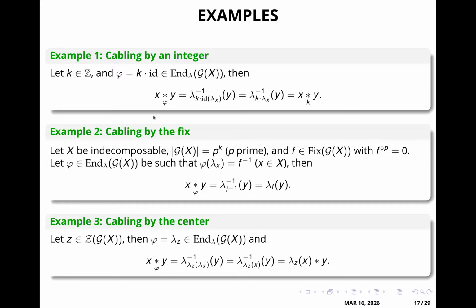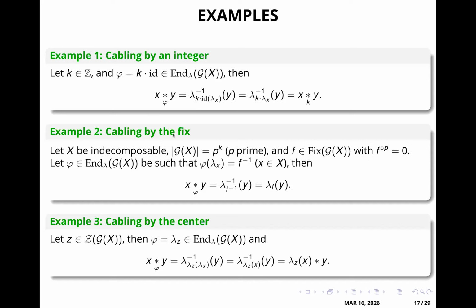Furthermore, this example is a bit artificial, but it's still an example. We can take an indecomposable cycle set whose permutation group is a p-group, and we take an element f in the fix whose order is a power of p. One can always show that such an element exists, which is even non-trivial.